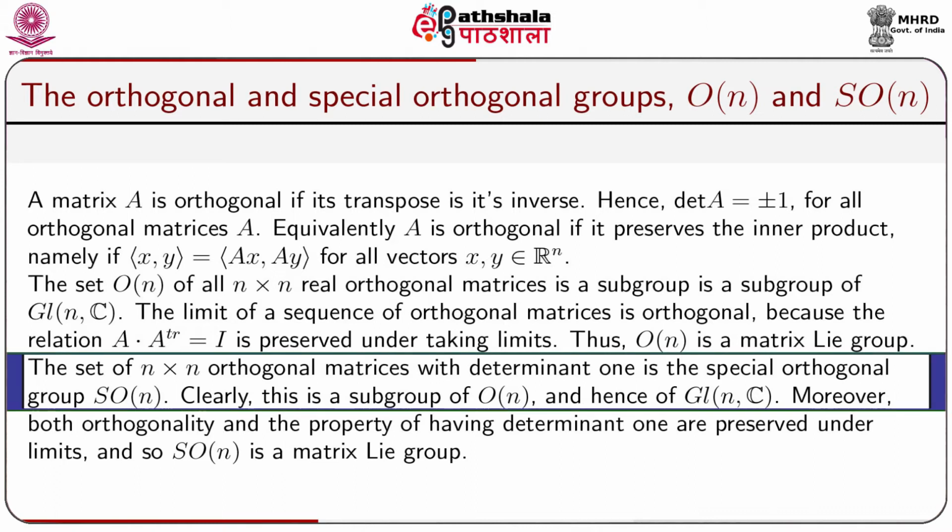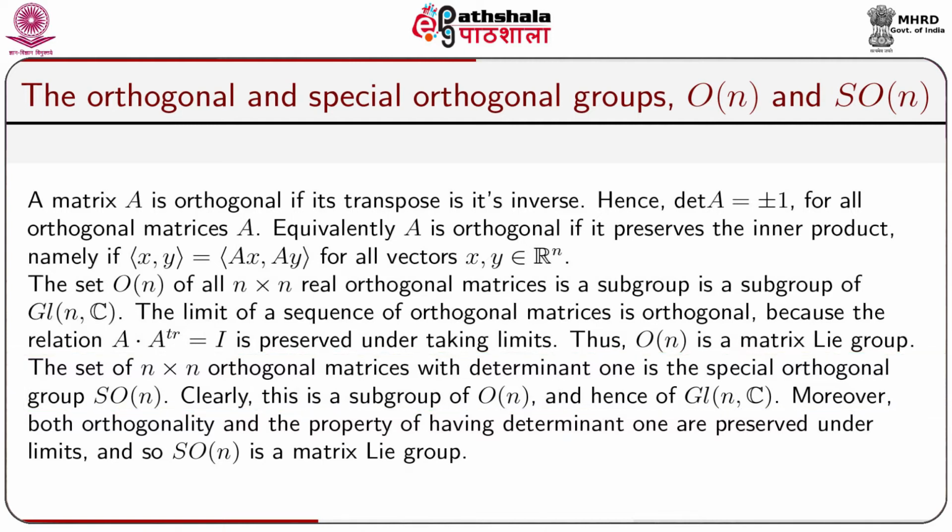The set of n by n orthogonal matrices with determinant 1 is the special orthogonal matrix group, which will be denoted by SO(n). Clearly, this is a subgroup of O(n), and hence a subgroup of GL(n, C).